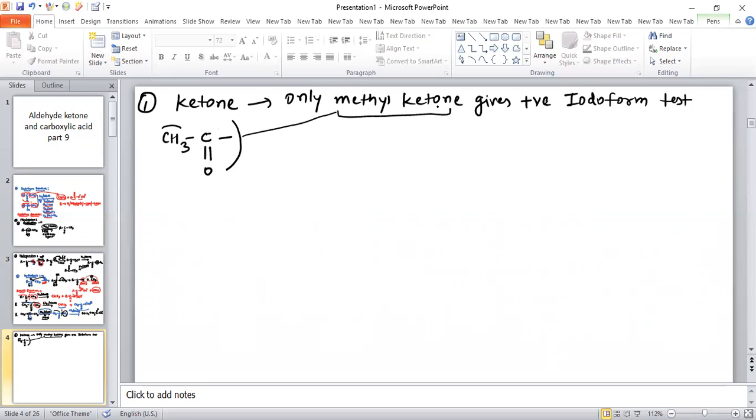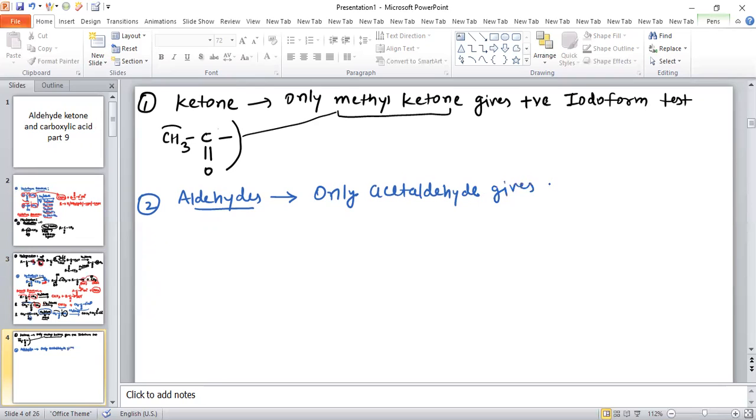Now see the second. Next we are going to discuss aldehydes. In aldehydes, only acetaldehyde gives a positive iodoform test.